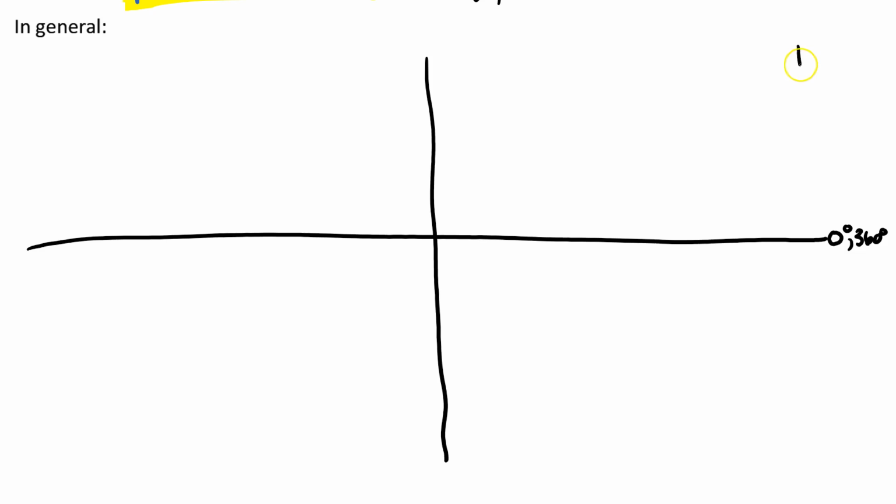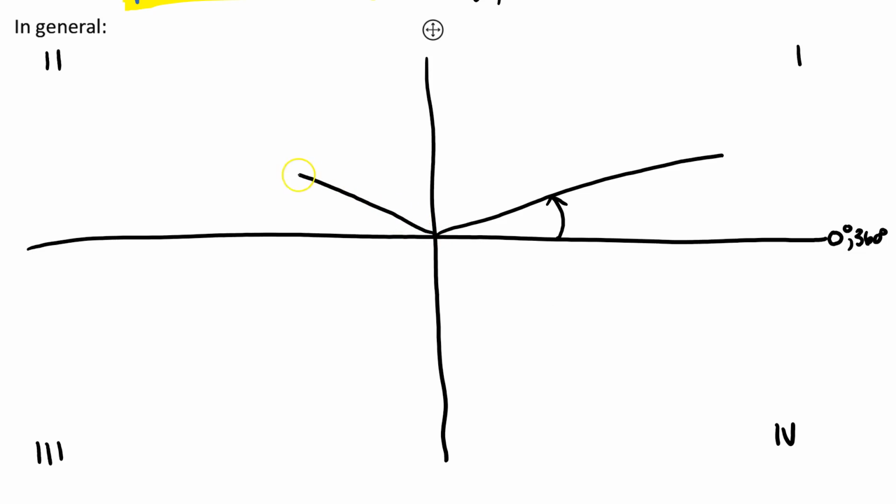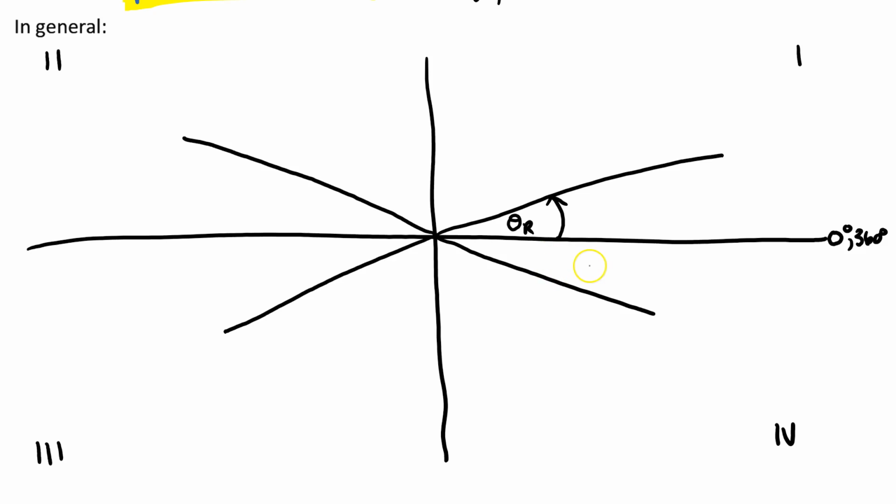So we have quadrant 1, quadrant 2, quadrant 3, and quadrant 4. The reference angle is always going to be from the x-axis to the line. So everywhere we go in this kind of diagram, our reference angle is always going to be between the x-axis and the terminal arm.